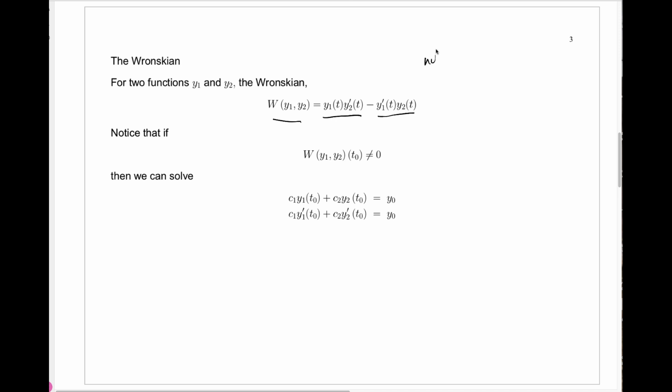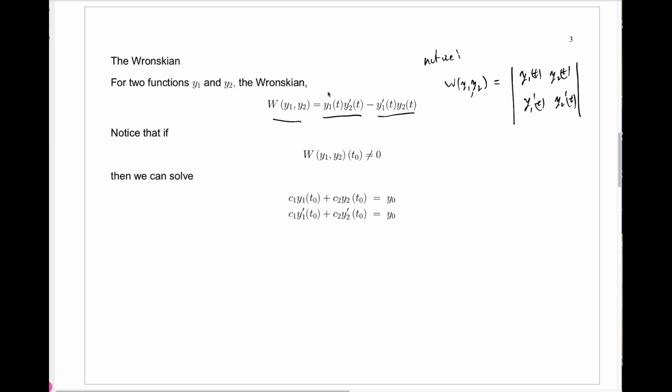And notice that the Wronskian is going to be a function of t, and as a function of t, it's exactly the determinant of this matrix that we were talking about before, the matrix y1 of t, y1 prime of t, y2 of t, and y2 prime of t. So the Wronskian is defined to be this determinant, y1 times y2 prime minus y1 prime times y2.